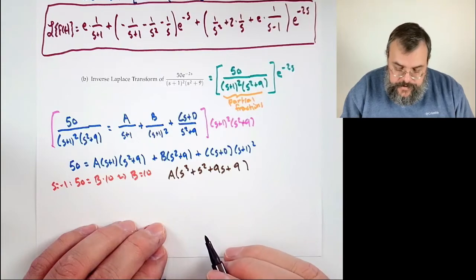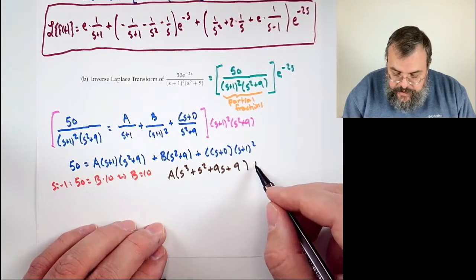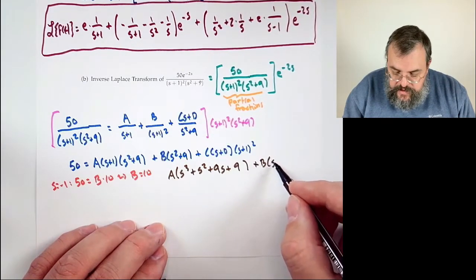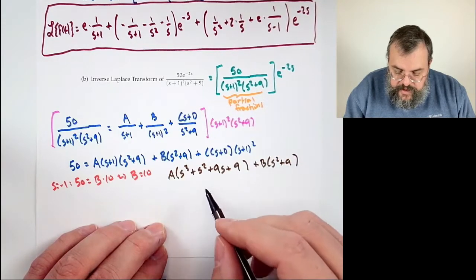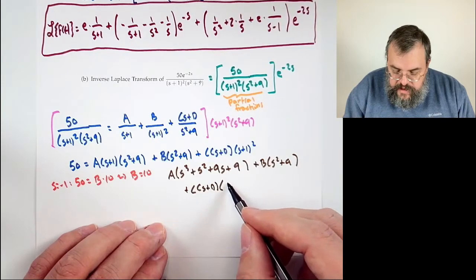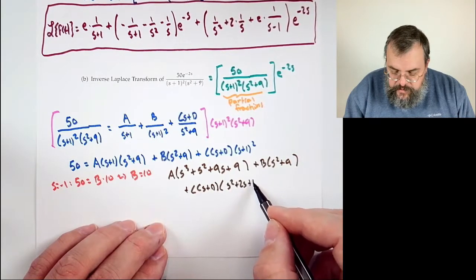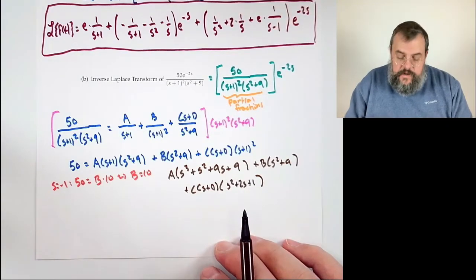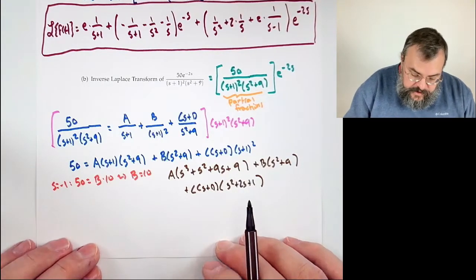Okay, that's the first one. And then we have plus b times s squared plus 9, that's no surprise, plus c times s plus d, and s squared plus 2s plus 1. All right.